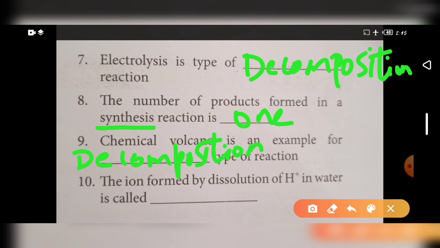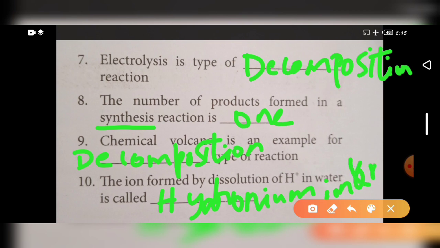Okay, the ion formed by dissolution of H3O plus in water is called hydronium ion. What is that? Hydronium ion. You can also write acid.